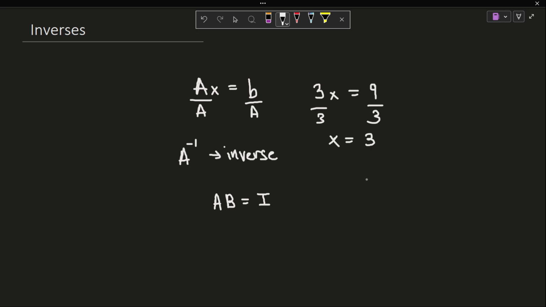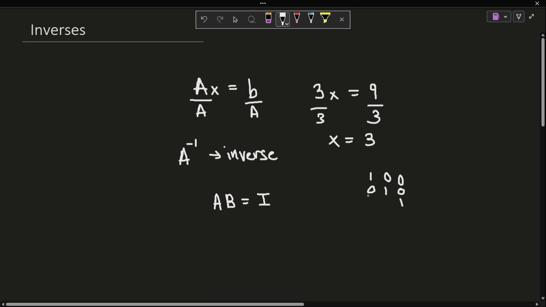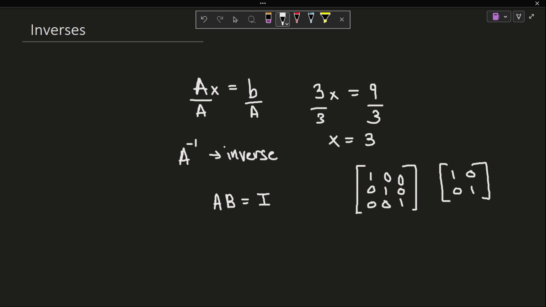So it's very much the identity. It's the identity matrix. And so an identity matrix is defined by just ones on the diagonal and zeros everywhere else, and it has to be square. So this is the 3x3 identity matrix, and then you could have a 2x2 identity matrix, just ones on the diagonal, zeros everywhere else, and this would go on for 4x4 and 50x50, any dimensions, but it has to be square.